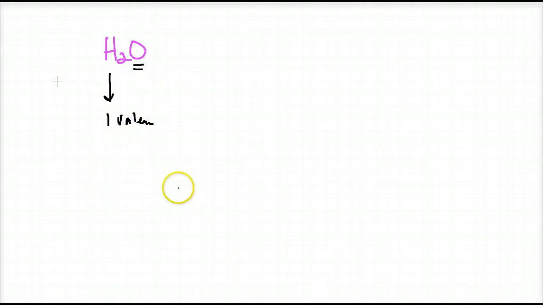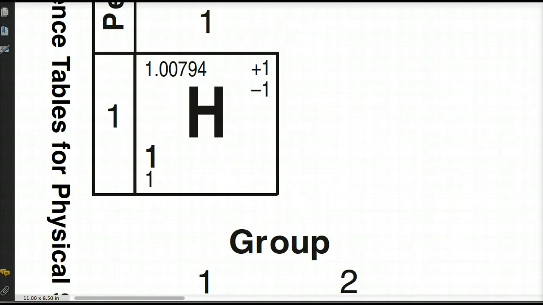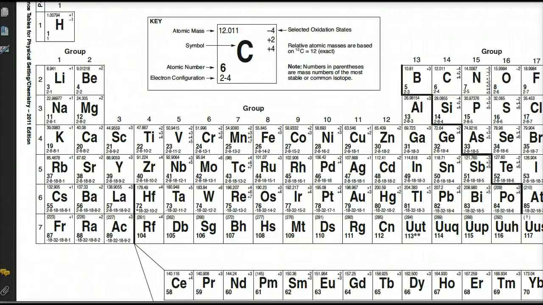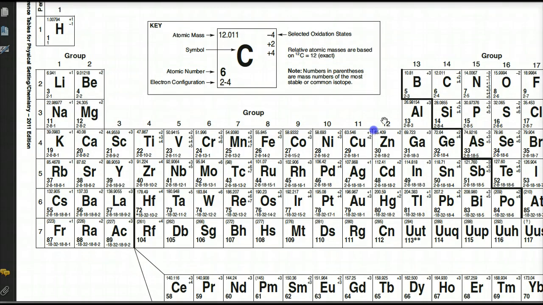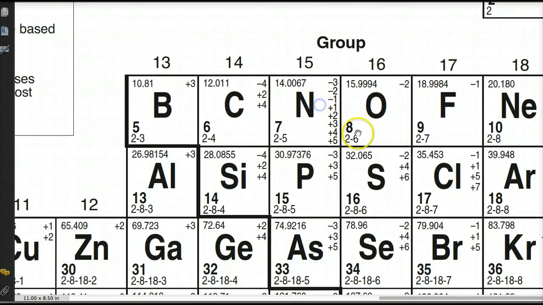Oxygen, well, if I don't know, I go to the periodic table and find it, and we move across the periodic table, and we find that it's 2-6, it needs 2 electrons. So my friends, it needs 2 more electrons. It loves to gain 2, but we don't really gain 2 when it bonds with hydrogen, another nonmetal. It shares 2. So it has 6 valence, it needs 2 more.